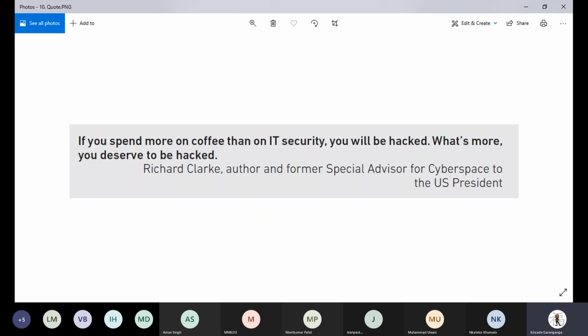So the author has a distinctive quote from another cybersecurity professional, Robert Clark, who mentioned that if you're spending more on coffee than IT security, you will be hacked, all right? And he goes on to say, what's more is that you deserve to be hacked if you're not taking appropriate consideration of your security environment as far as your particular setup is concerned.